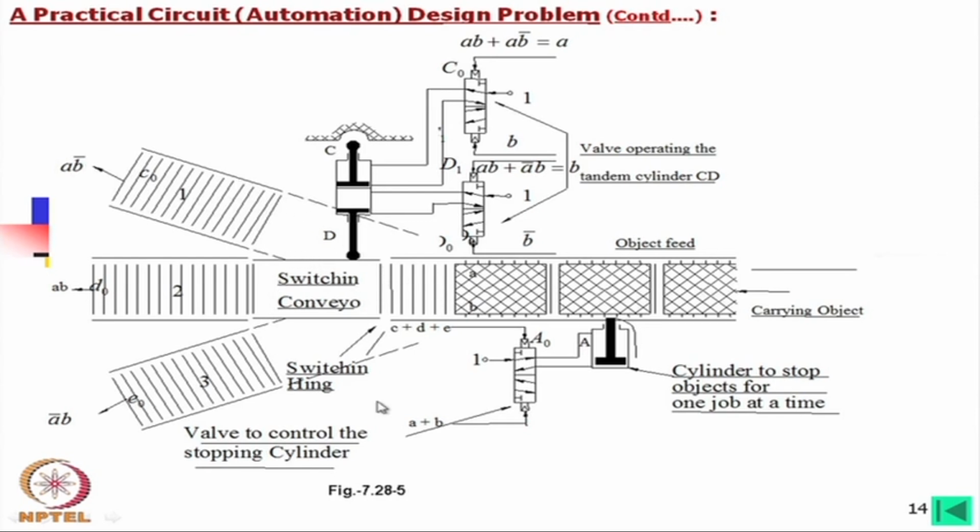Now, you see these are the switching conveyors, this is a single one, 1, 2, 3 what we have shown, and this actually is being pulled or pushed by this cylinder.